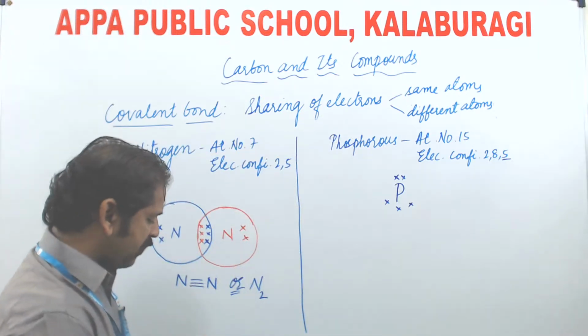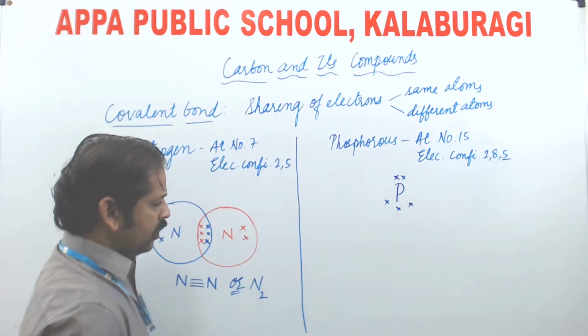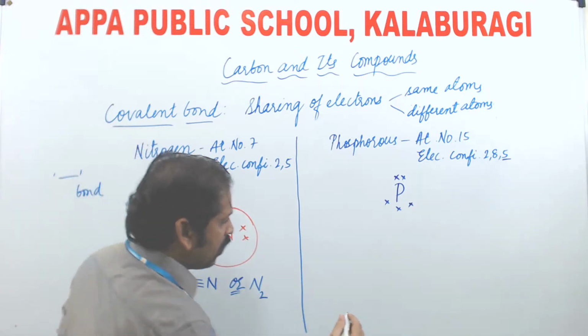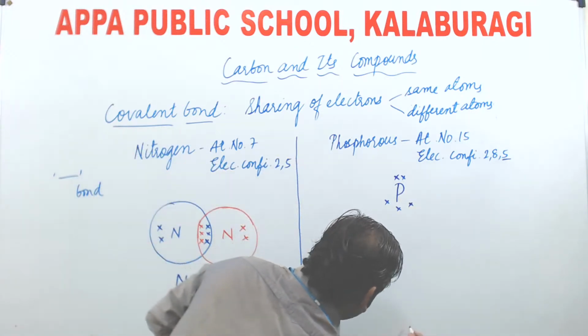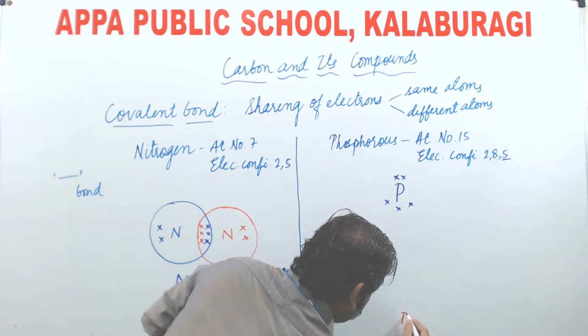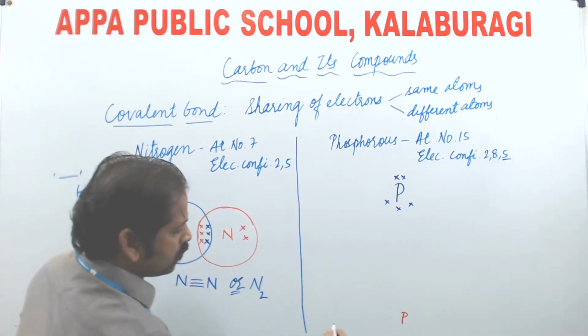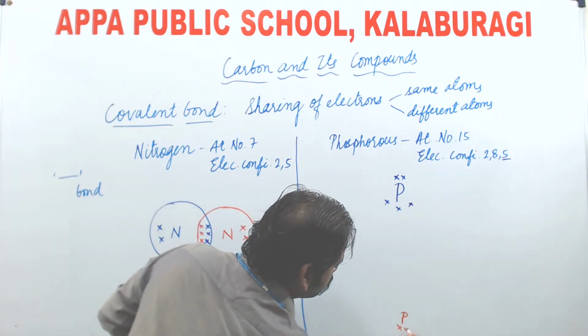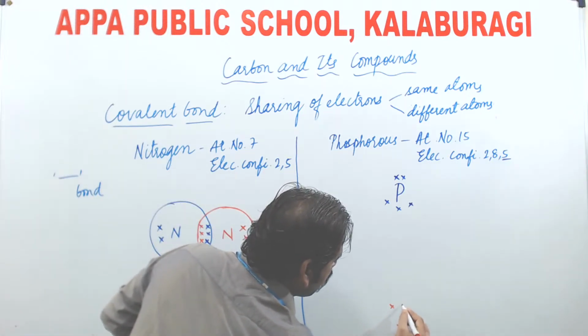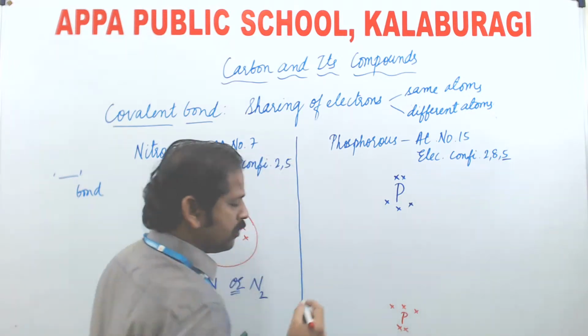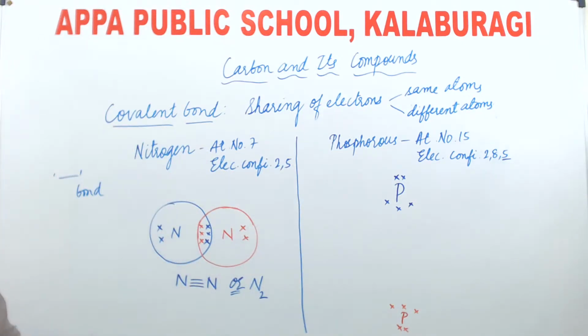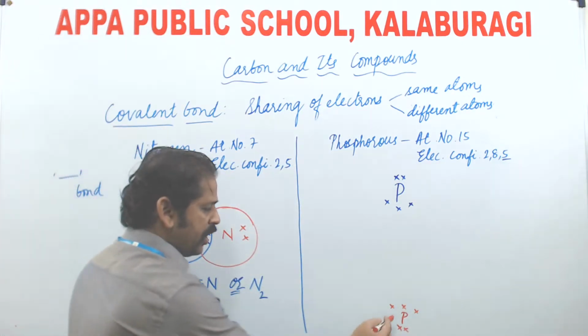Now it's about the first phosphorus. Second phosphorus, I showed here exactly down of it. Two are paired, three are unpaired.